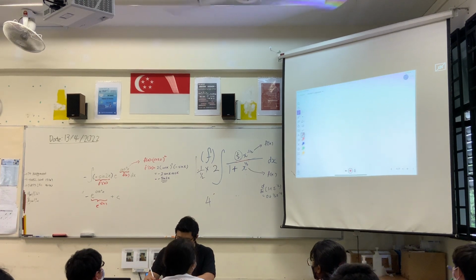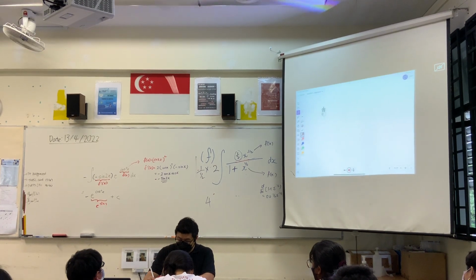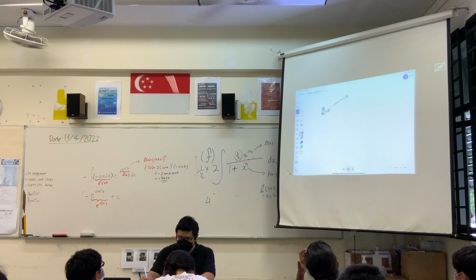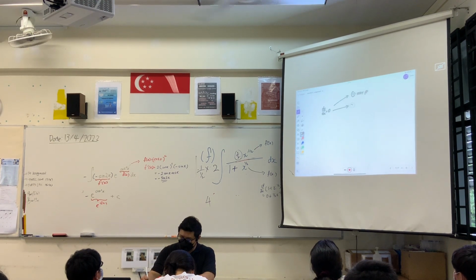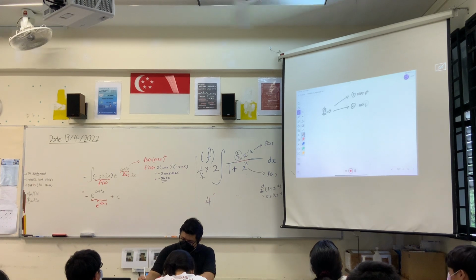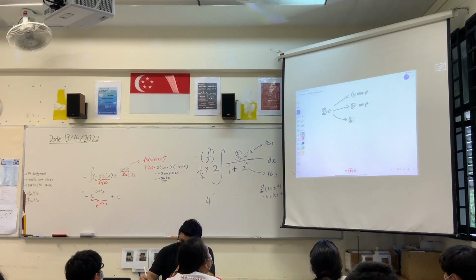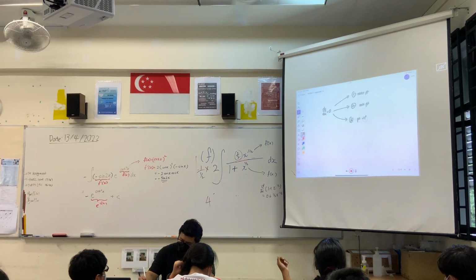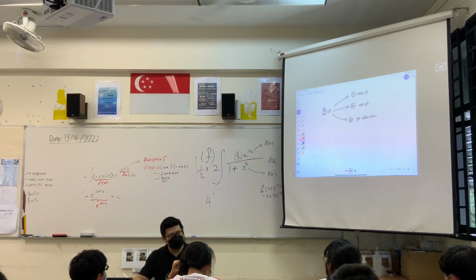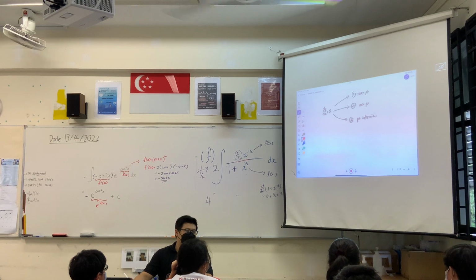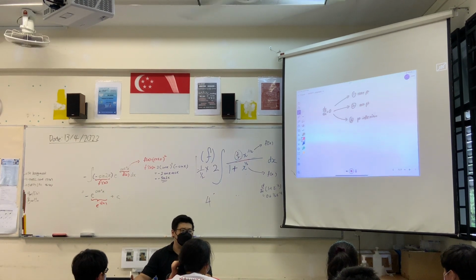So if your dy/dx equals 0, it can mean three things: one, maximum point; minimum point; or point of inflection. It's not equivalent.